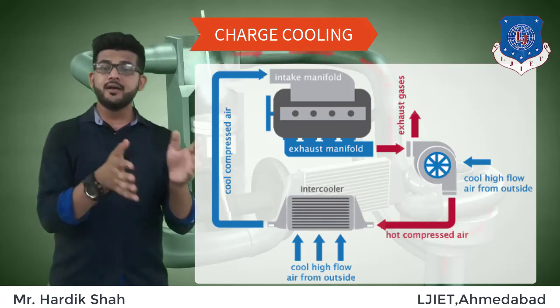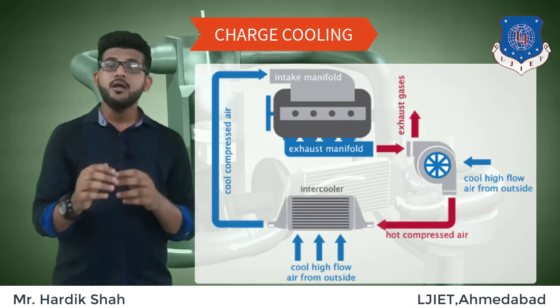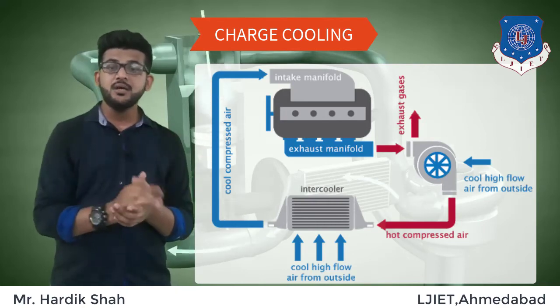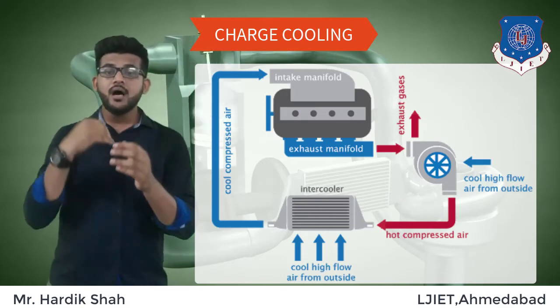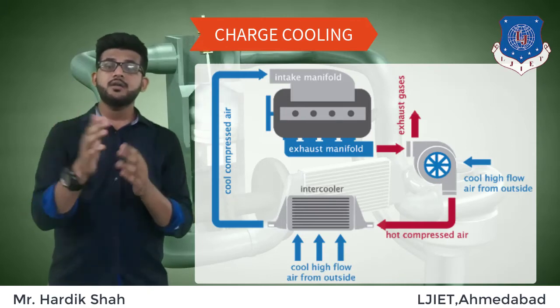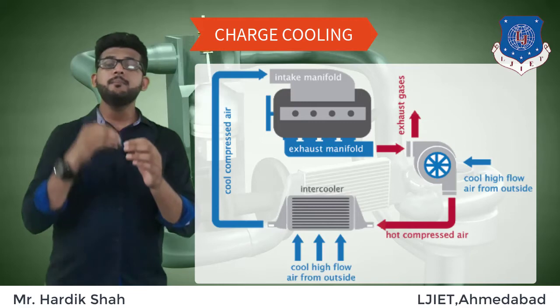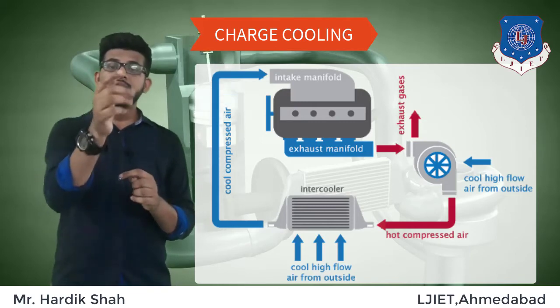Therefore, the mass of air entering the cylinder becomes less. This reduces the oxygen for combustion, and the hot air also increases the operating temperature. So, the charge is cooled by intercooling and aftercooling to overcome the problem of the hot air. To maintain the density and the temperature, we use an intercooler, and that is called charge cooling.